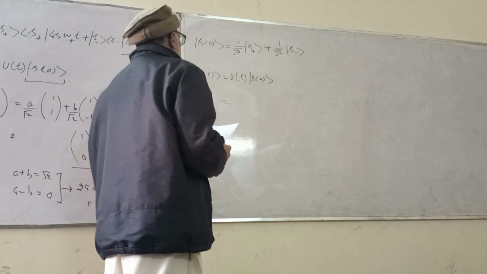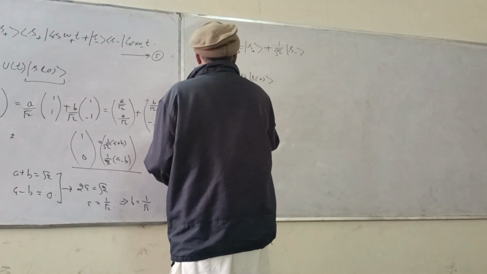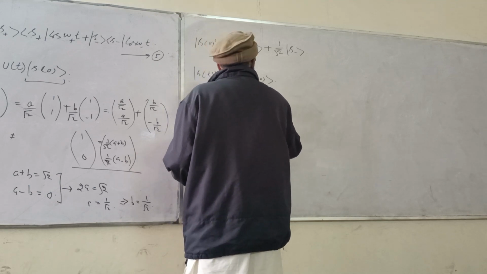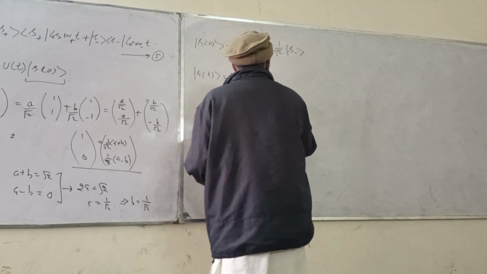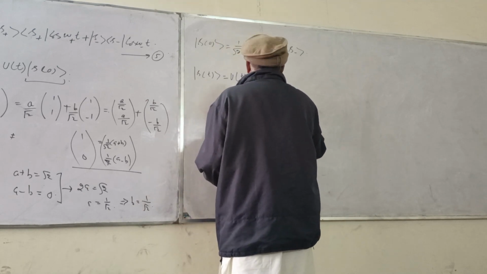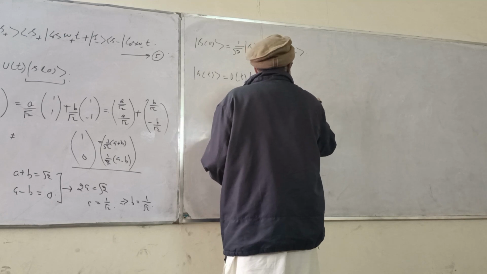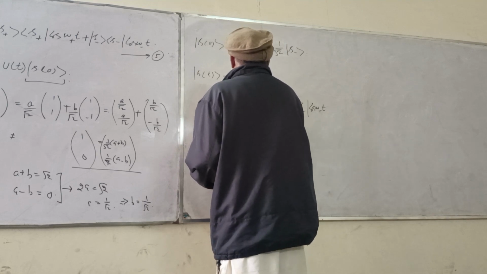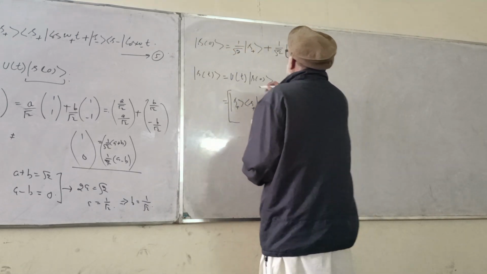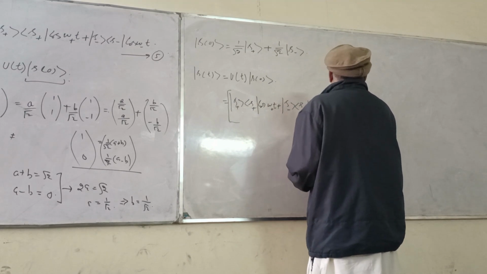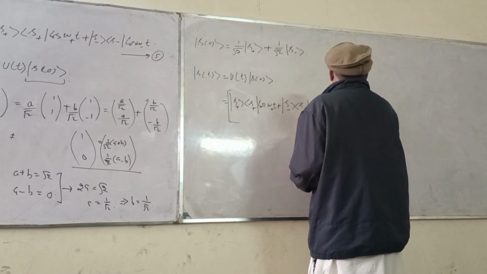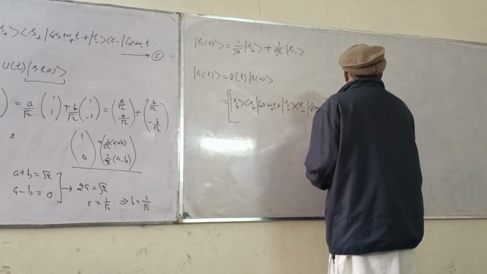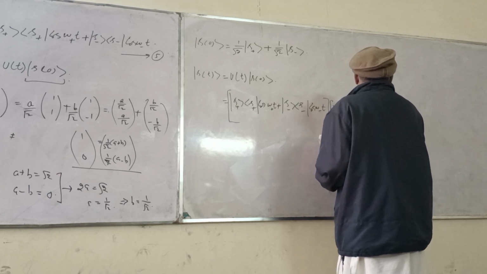So u of t was equal to S plus and cos of omega plus t, and plus S minus and cos of omega minus t, and multiplying this with S of 0, 1/2 square root S plus and 1/2 square root S minus.